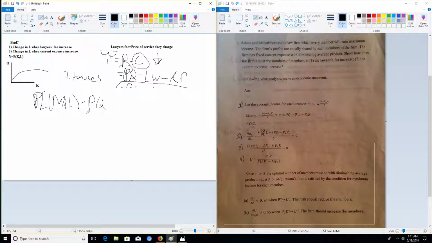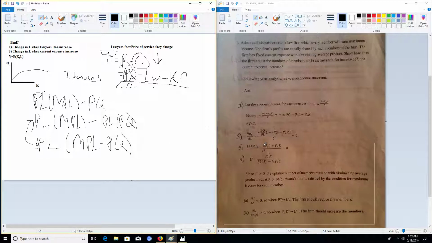If this was PL times MPL minus PL times PQ, this could disappear and be simplified as PL times MPL minus PQ. Right? This distribution, these two, same thing, this and this, same thing. So obviously, well, not obviously, it disappears, but this is the reason why it disappears.